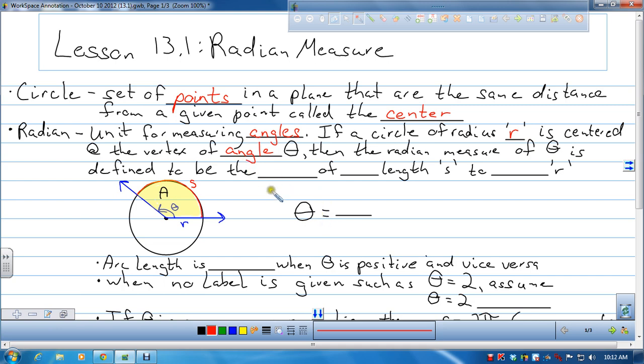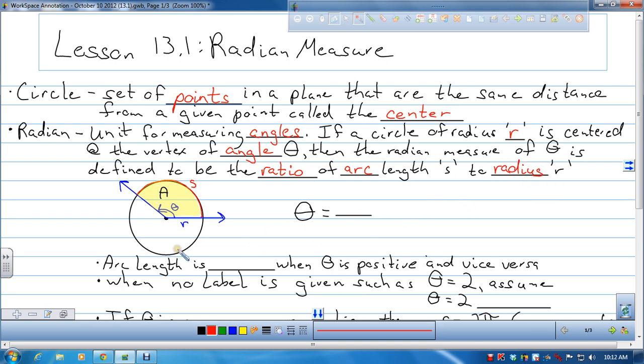It is going to be a ratio, which, remember, is set up in fraction form. It's going to be the ratio of the arc length, which we will define as s, so that is an arc length s, and it is the ratio of that arc length as it compares to the radius, which we will call r.